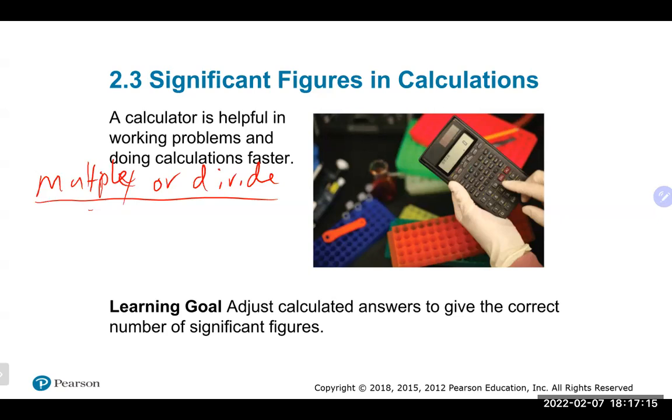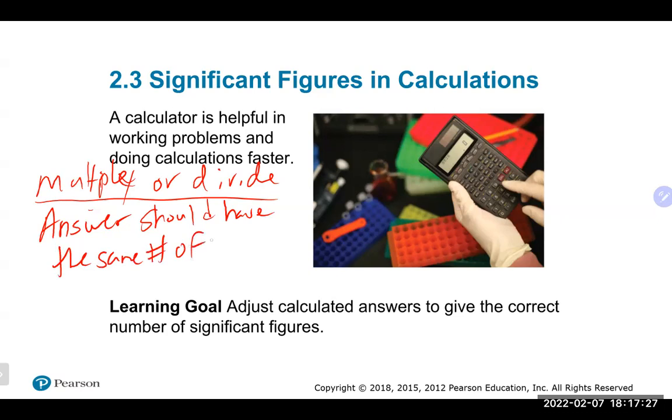When we multiply or divide, our answer should have the same number of significant figures as the number with the least number of sig figs.